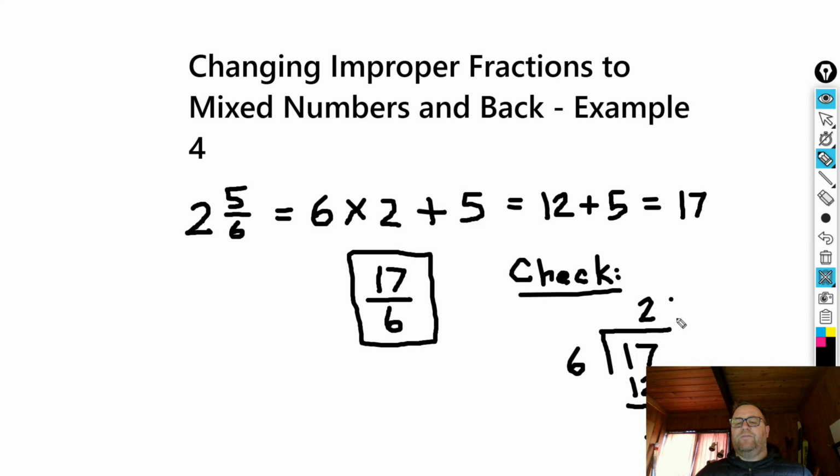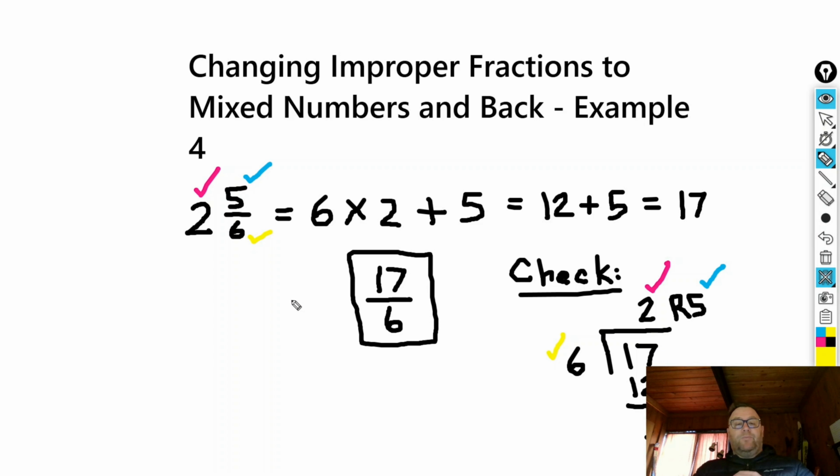So we have a remainder of 5. Remember, the 2 is going to be the whole number part, so that checks. The 5 is going to be the numerator of the fraction in the mixed number, so those check. And then the 6 will be the denominator, which also checks out.